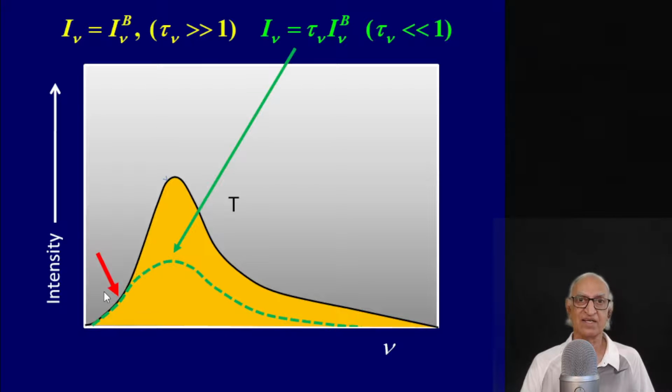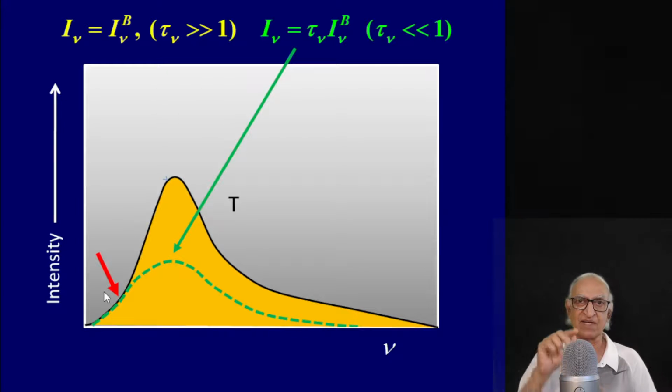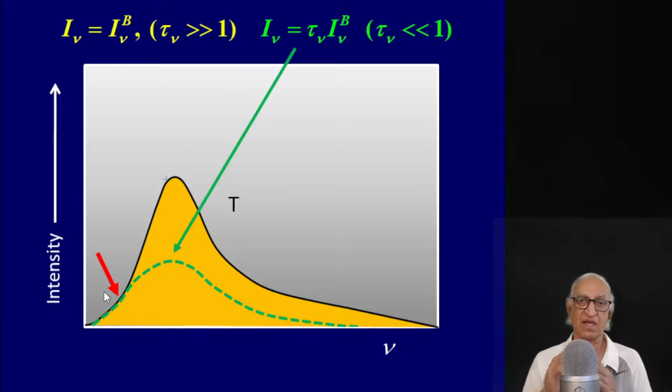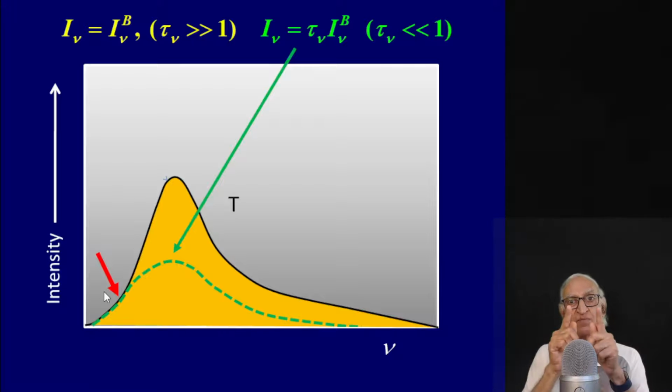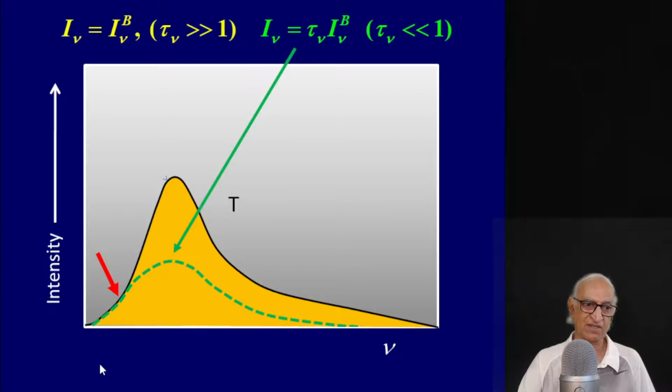Why is that? Well, there is a medium with absorbers or scatterers with a mean distance between them. When the radiation has a wavelength small compared to the spacing between the scattering particles, the medium will be transparent or optically thin. But when the wavelength becomes very large compared to the mean spacing between the scatterers or absorbers, the medium will appear opaque. Therefore, at low enough frequencies, all media will appear optically thick.